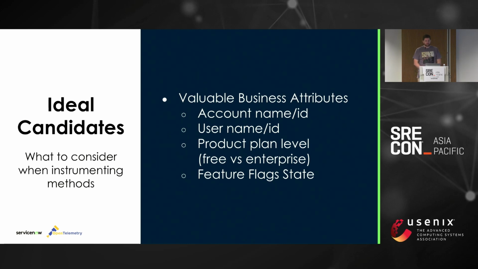Attributes like these are helpful in understanding the scope of a problem. For example, which user is causing a particular error, or what impact a regression is having on enterprise tier customers. You can use attributes to help identify those questions.